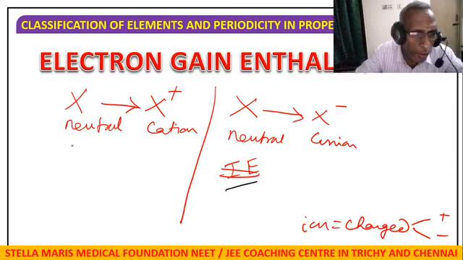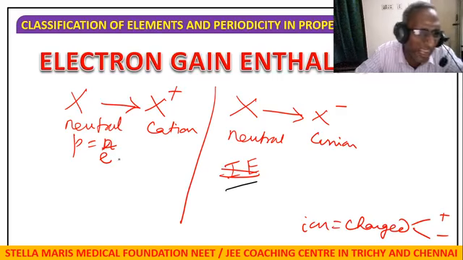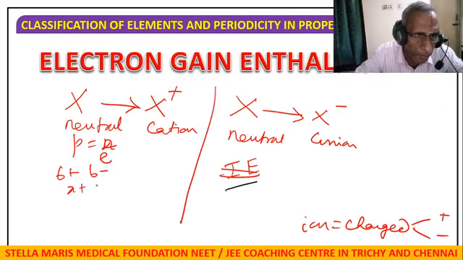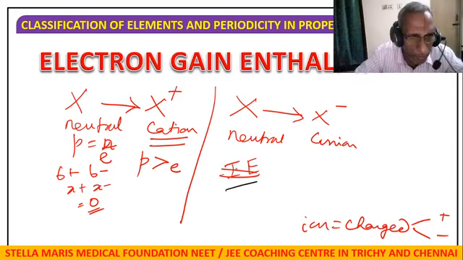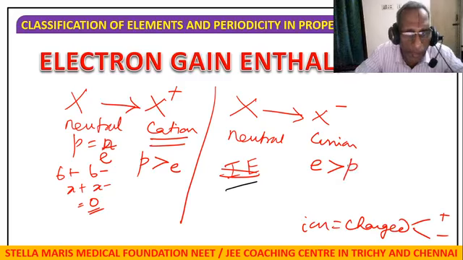In a neutral atom, protons and electrons are equal in number, because protons have positive charge and electrons have negative charge. 6 protons and 6 electrons will cancel, or X protons and X electrons means the total charge becomes neutral. But if it is a cation, protons should exceed the number of electrons. If it is an anion, electrons should exceed the number of protons.